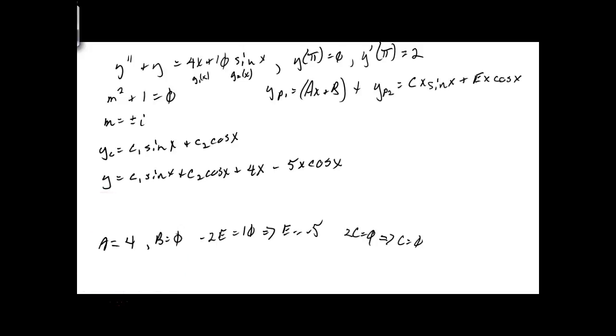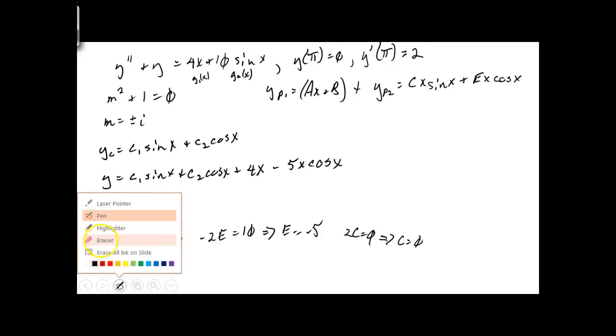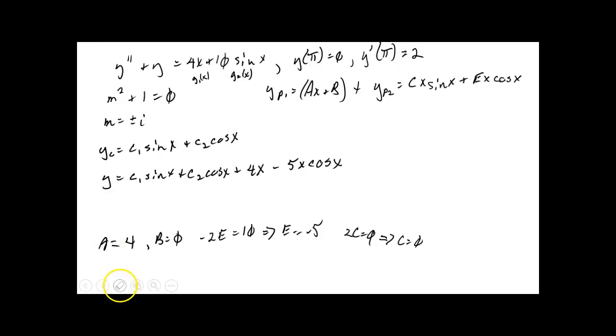So now that we got all that done, it doesn't matter what order. Let's go on and plug in our pi. Okay. So y of pi is equal to what? What's sine of pi? 0.